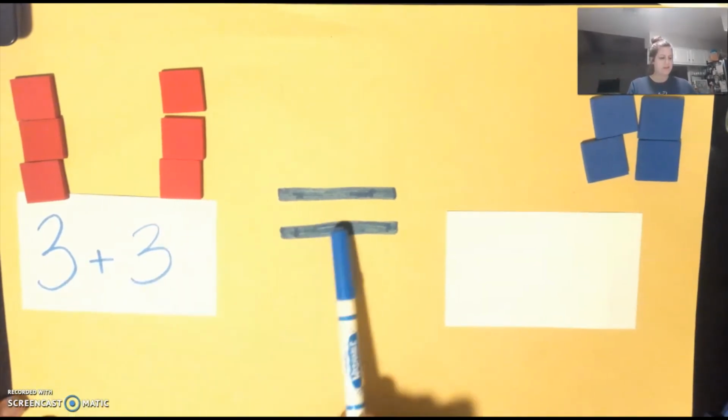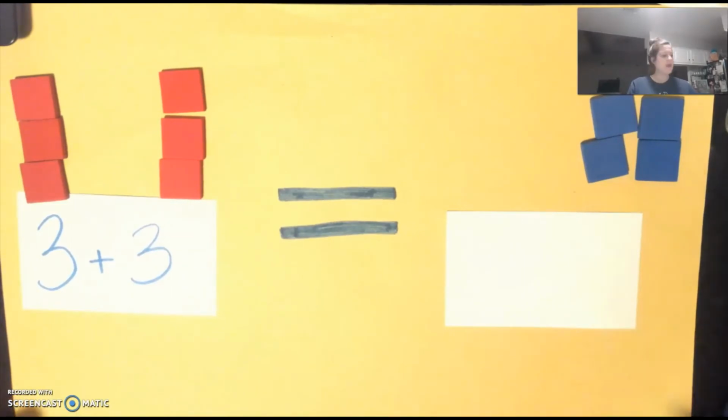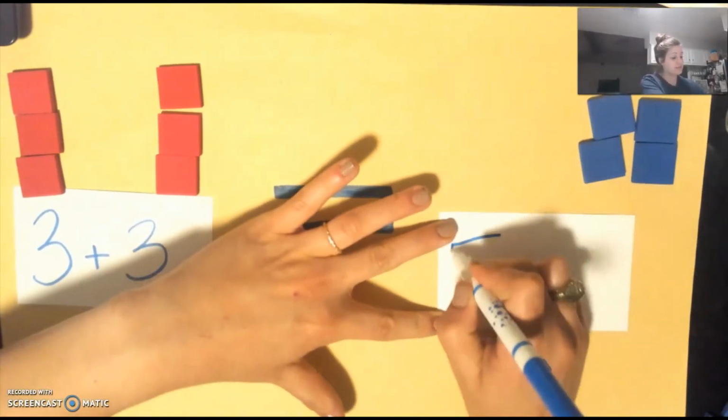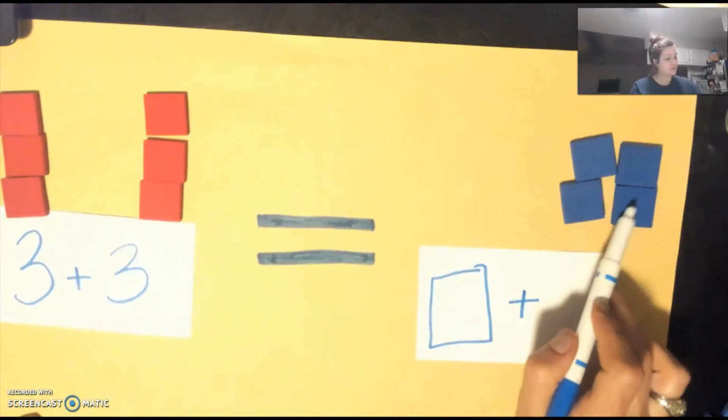Is 3 plus 3 equal to 4? No way. That means I have a missing part, a missing addend. I'm missing something right here. I'm going to put a box for what I'm missing. Plus 1, 2, 3, 4.